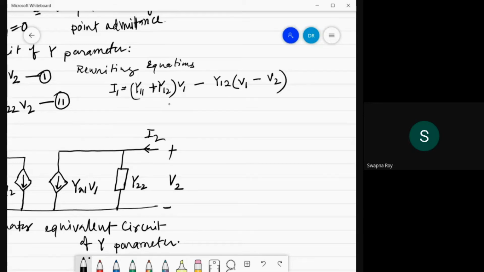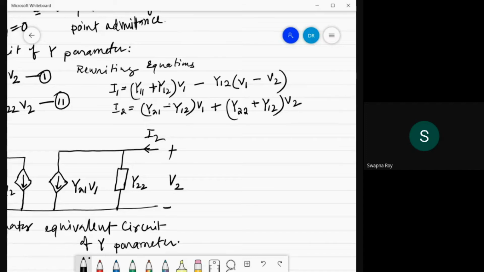Right? In the second equation, I can write I2 is equal to Y21 minus Y12 V1. Previously it was Y21 V1, so Y12 V1 minus is excess, so I am rewriting as Y22 plus Y12 V2.